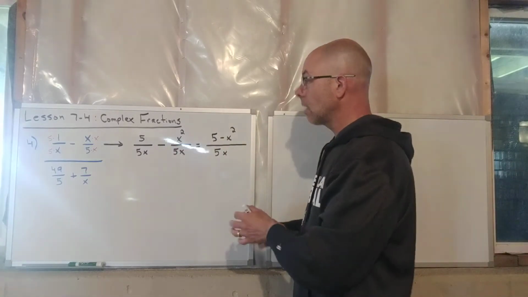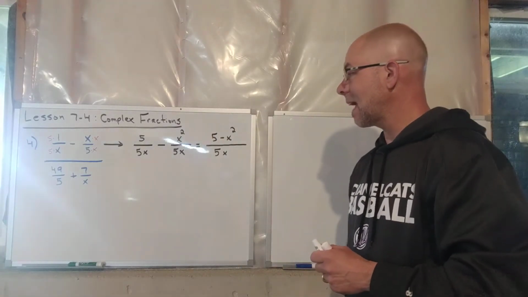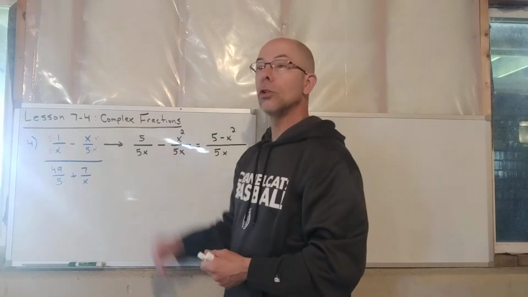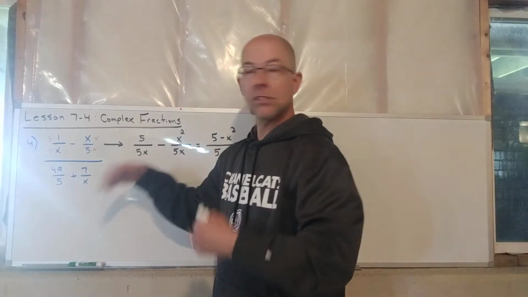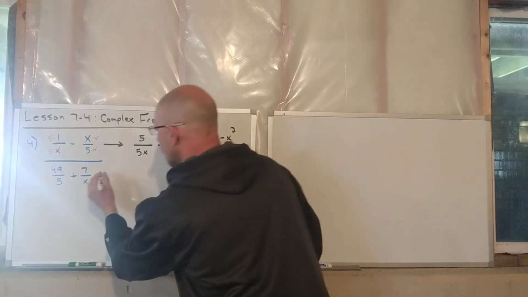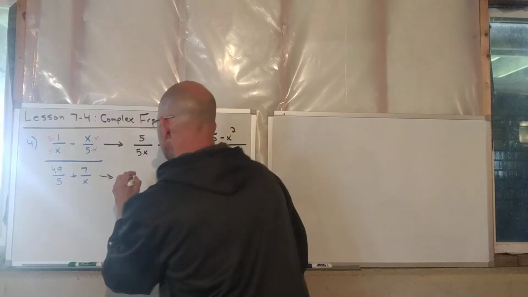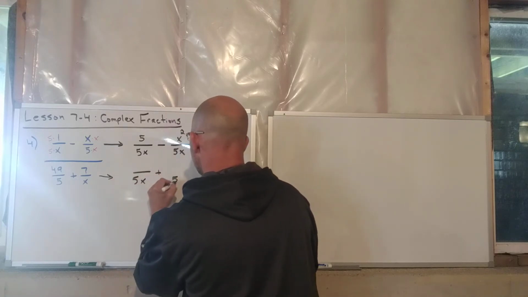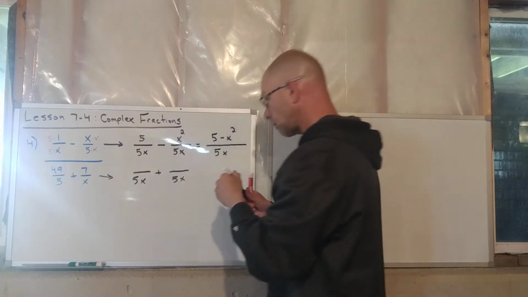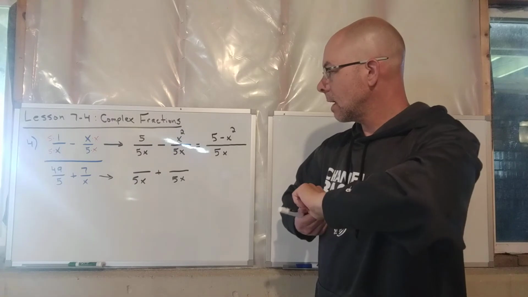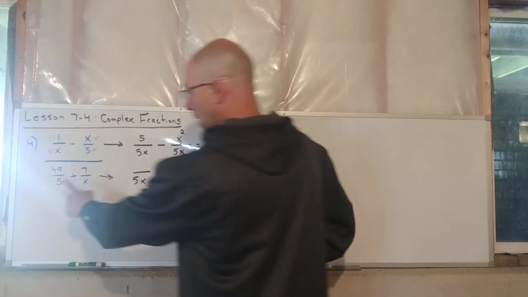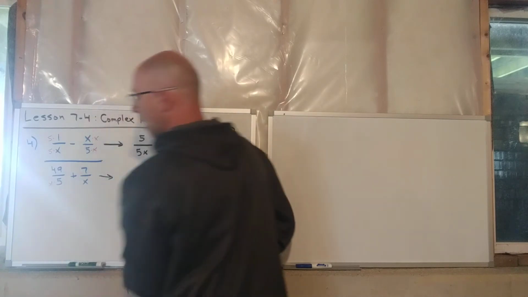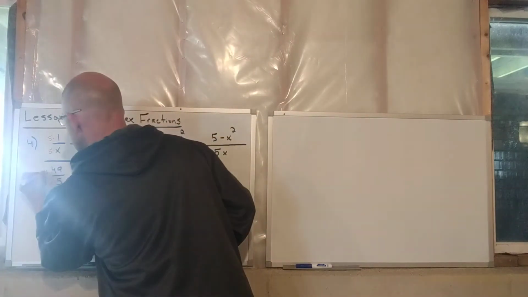Okay, denominator. Now the nice part is the denominator's got the same common denominator as the original numerator problem, 5 and x. So 5x. Okay, same kind of process. How did this 5 become 5x? Times x. So we do this times x.